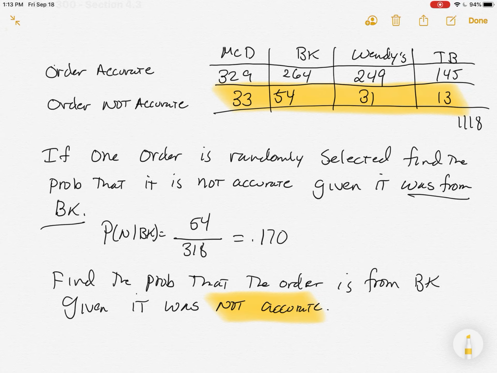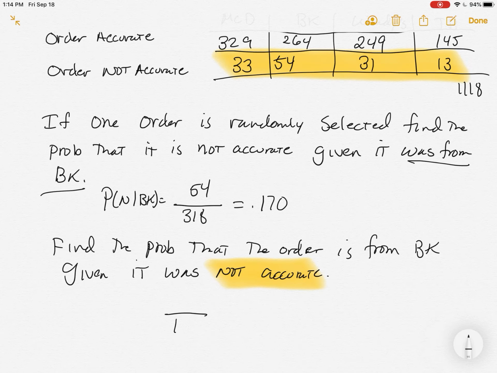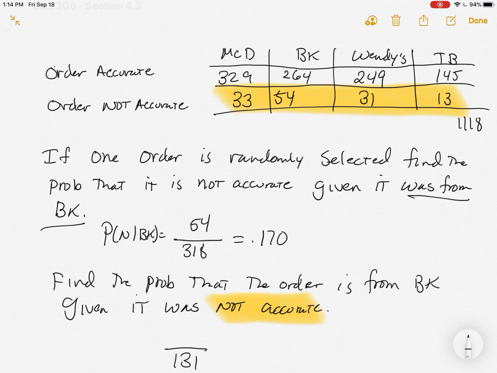So we'll quickly add them up and get our 131 again. So the number of non-accurate orders is 131. That's the only row we're looking at because we know it's not accurate. And then the question is, how many are from Burger King? 54. So 54 divided by 131 is equal to 0.4122. So 0.412.